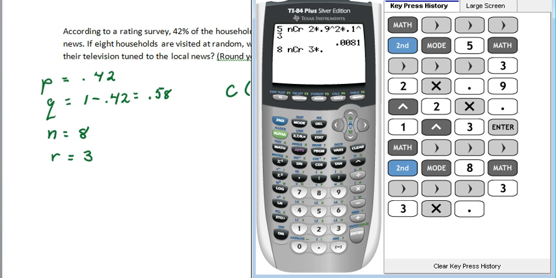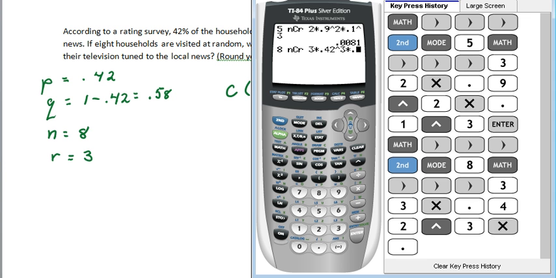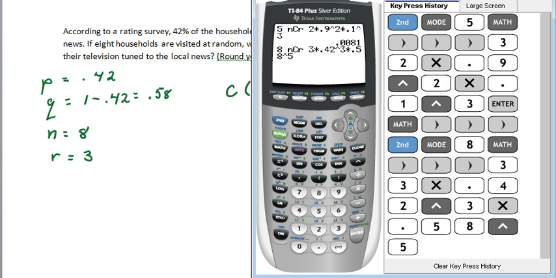times 0.42 raised to the third times 0.58 raised to the 5. Hit enter, and this time we're getting 0.27232.